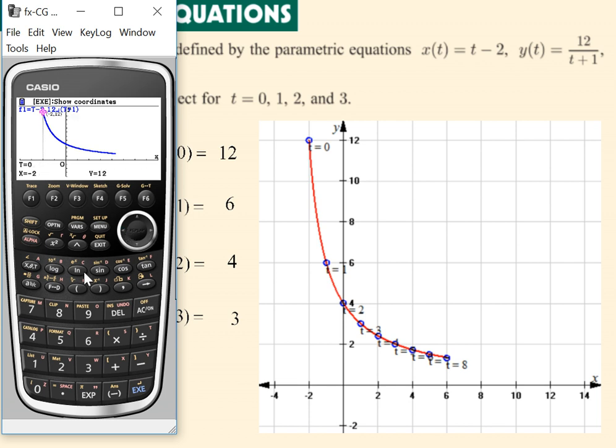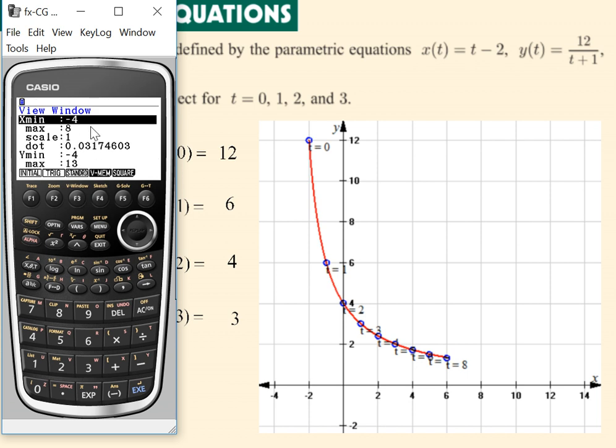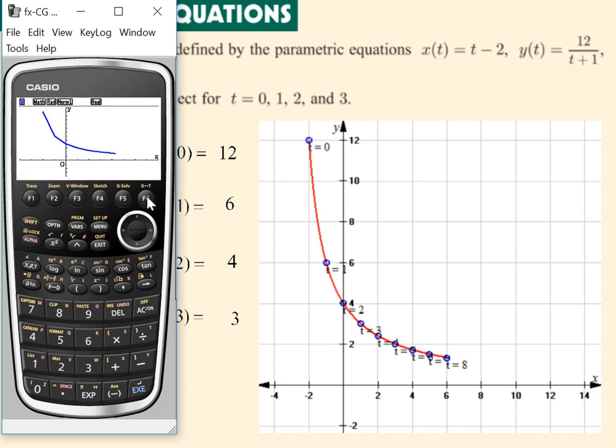If I go back to 0, if I go to my view window, and if I push upwards, the pitch here is 0.01. If I change that to 1, and then draw my graph, you can see the graph is no longer a smooth curve. It's got these straight lines between successive t values.